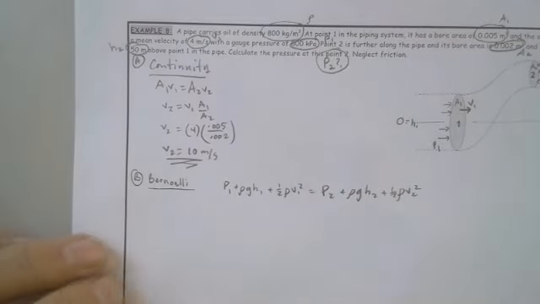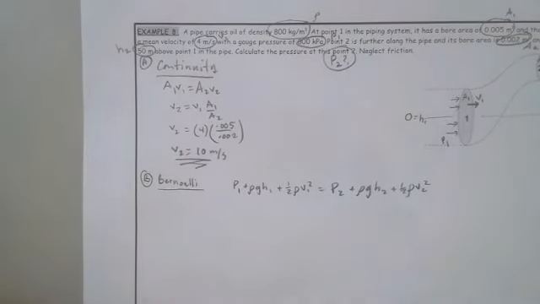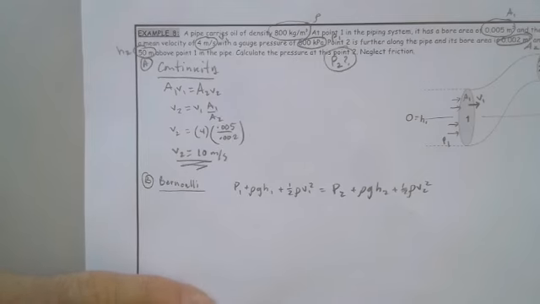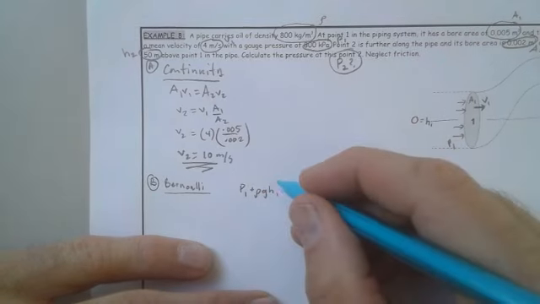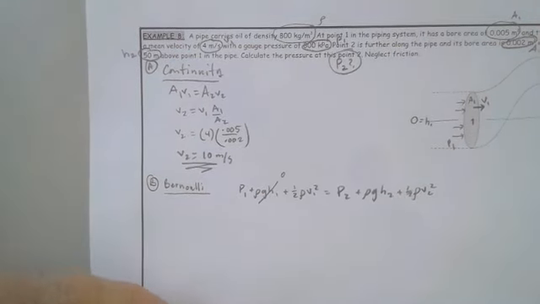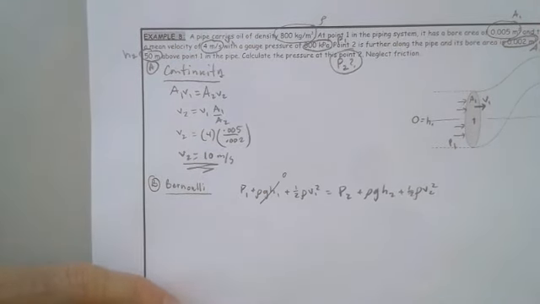There's our Bernoulli equation. Let's see if we can cancel out some things. We said height 1 is going to be 0, so that gets rid of that term, and we keep everything else.